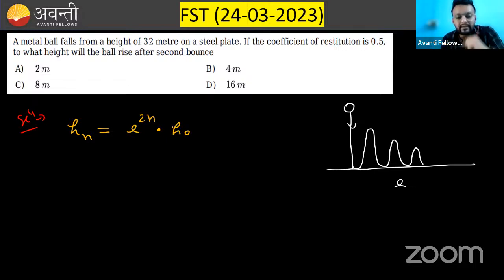You need to remember this relation. What was the relation? Height after nth rebound is e raised to the power 2n into h original. So here they are asking, to what height will the ball rise after second bounce?